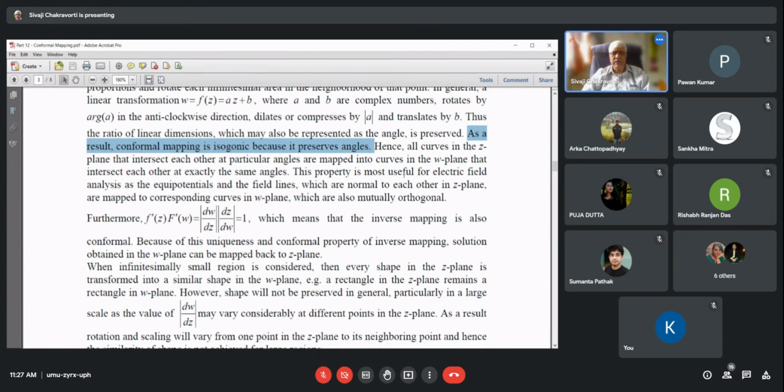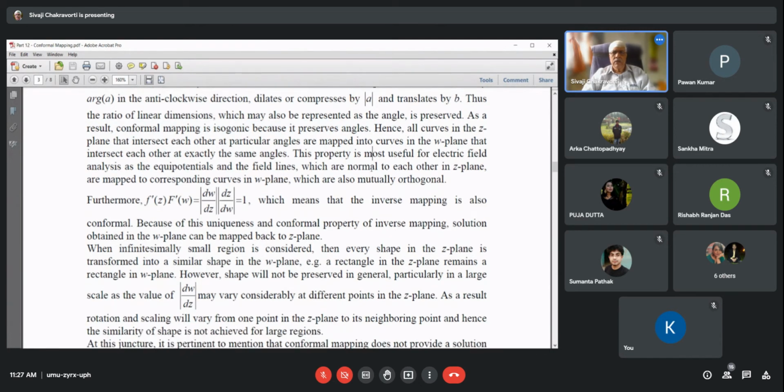Please remember this definition. This is important because in conformal mapping, if I have two curves on the z plane which intersect each other at a particular angle, and by applying f(z) we map them onto the w plane, we get two different curves on the w plane, but they will intersect at the same angle.